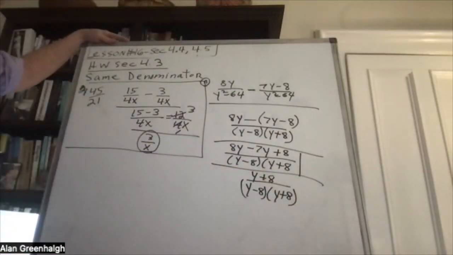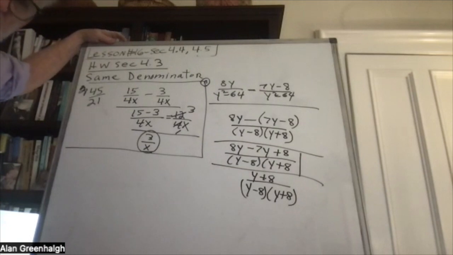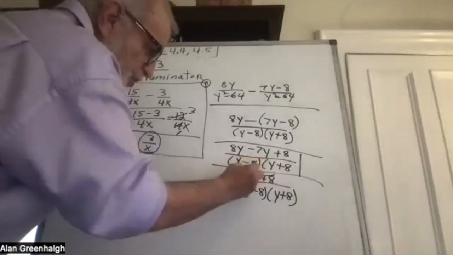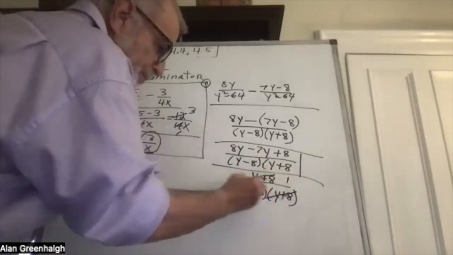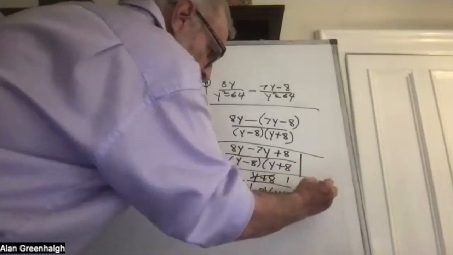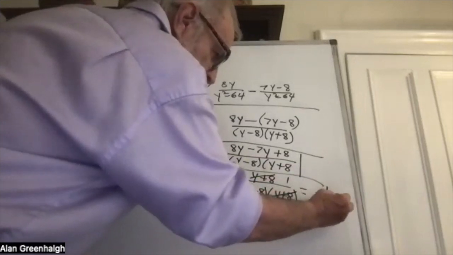And you can see how nicely this problem was constructed by whomever constructed it. And that's equal to 1 over y minus 8.